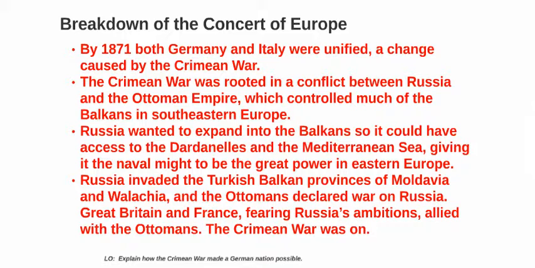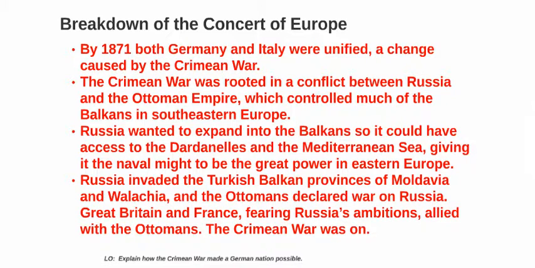At the same time, the Ottoman Empire was also a multi-ethnic empire ruled by the Ottoman Turks, based out of Constantinople in what is modern-day Turkey. But they ruled a large part of the area around the Mediterranean Sea, including the Balkans and southeastern Europe.